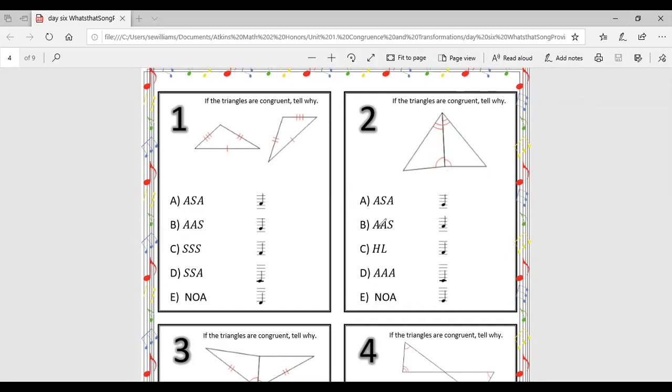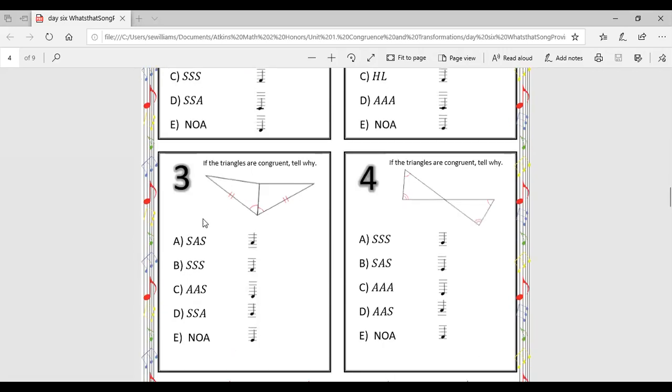All right, let's do 3 and 4. Send me your answers at the same time for 3 and 4.